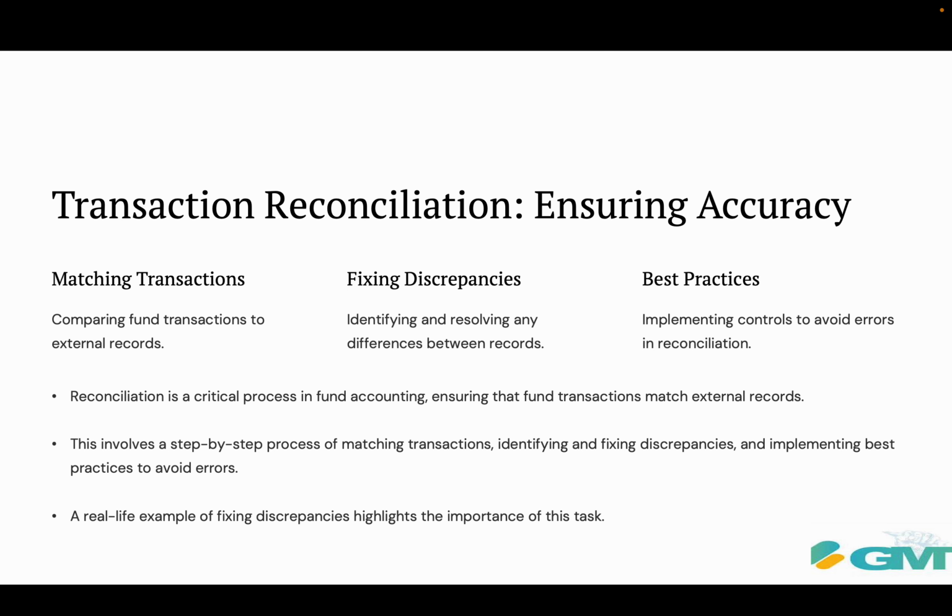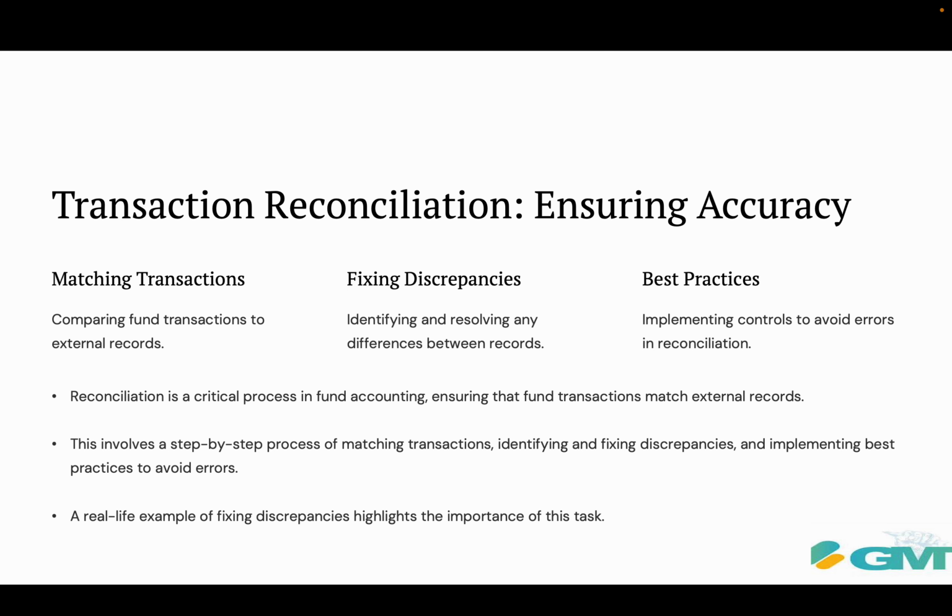Reconciliation is the process of matching the fund transactions with the external records. Fund transactions means your system, where you pull the report, and external records means the broker report or the client report. You match your system with the broker report, and your system with the client report, to ensure that everything is accurate.